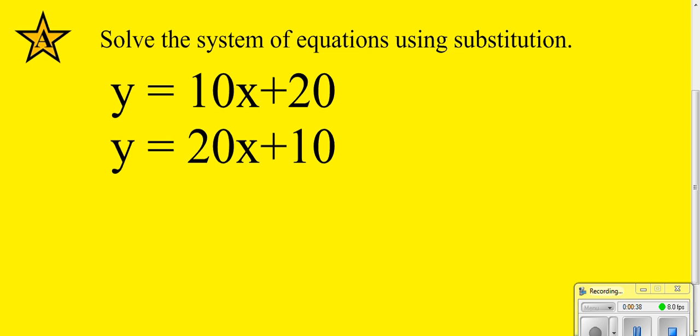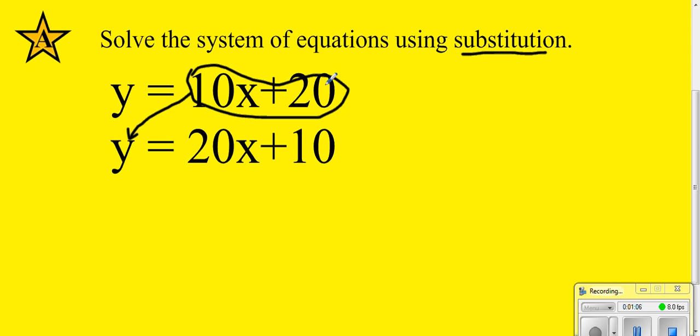So the first thing that you do using substitution, you try to substitute somewhere with the two equations. Since this is equal to y and this is equal to y, they're both equal to y, I'm going to circle the 10x plus 20 and I'm going to substitute it in for y in the other equation.